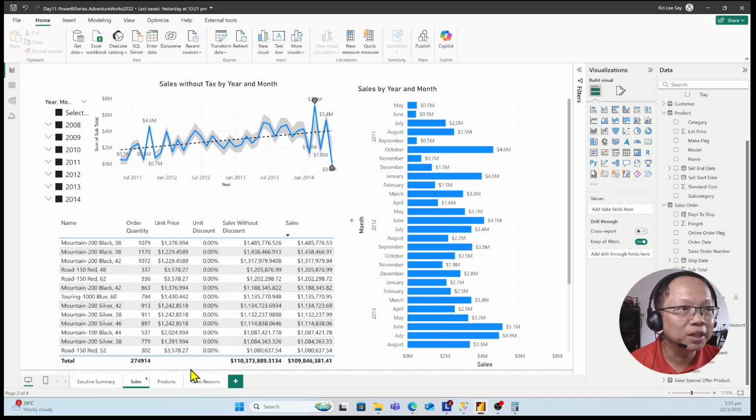But I also discovered that the data itself is not comprehensive enough yet. For example, we don't have the customer age group or the customer annual income range.